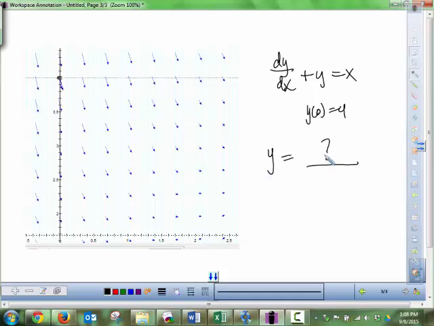We may or may not care about this function, but what we might care about is what this is equal to, maybe at 2.